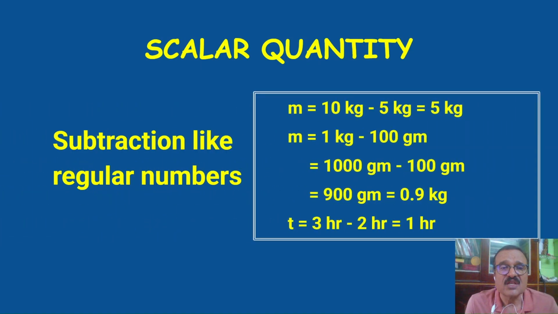Then subtraction is also like regular numbers as 10 kg minus 5 kg results in 5 kg mass. 1 kg minus 100 gram results in 900 gram, that is nothing but 0.9 kg. And in case of time, 3 hour minus 2 hour results in 1 hour.